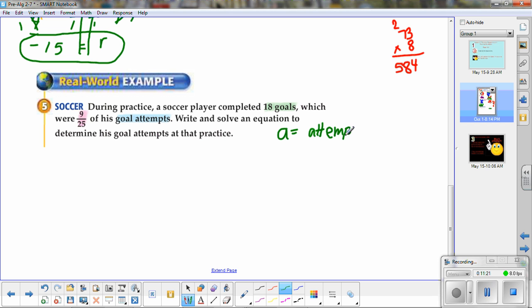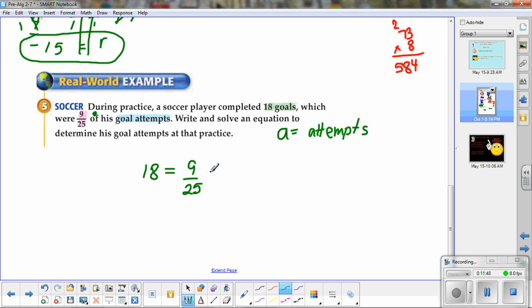Then I'm going to go back and reread the problem and translate the words into an equation. A soccer player completed 18 goals, which were, that's going to be my equal sign, 9/25 of his goal attempts. Of in math means multiply. So 9/25 times his goal attempts.